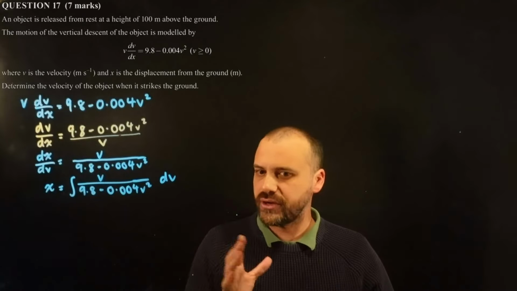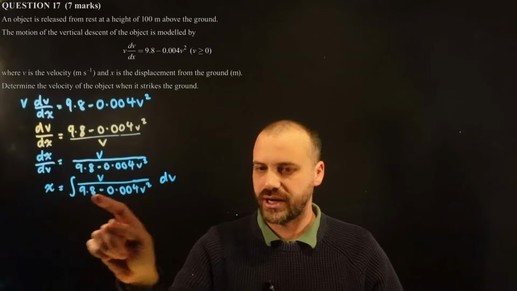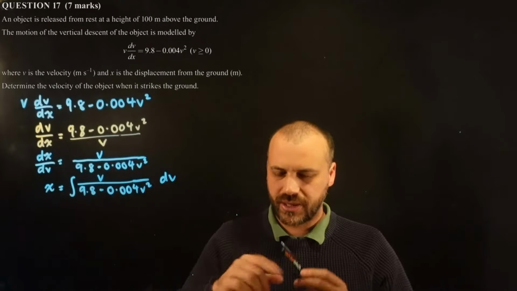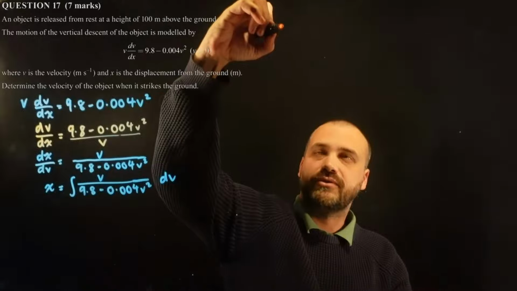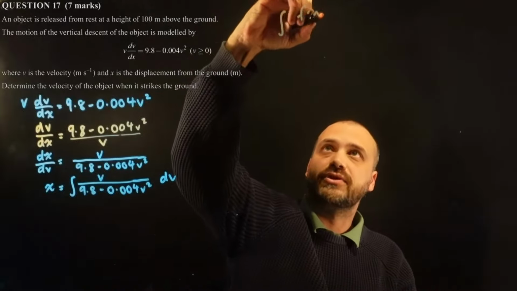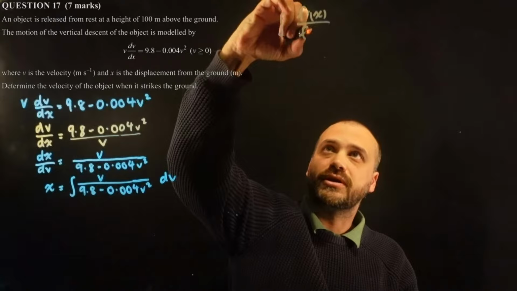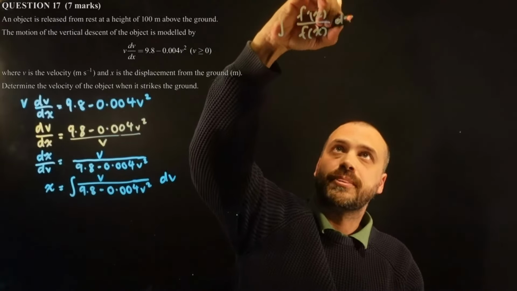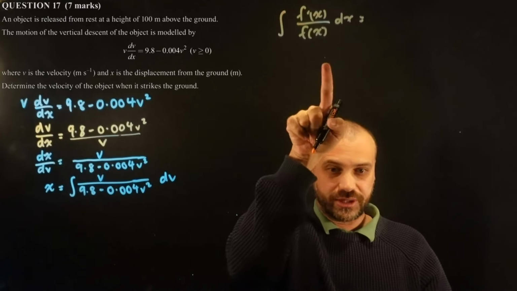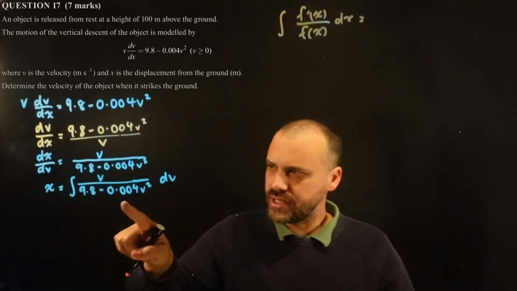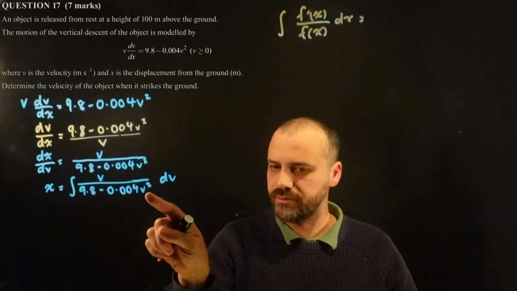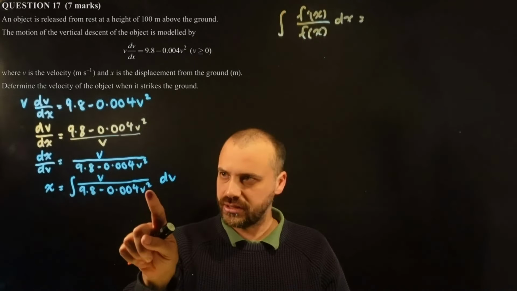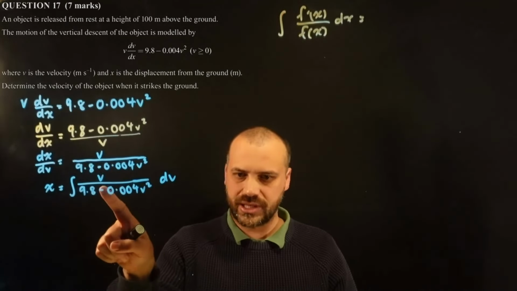Now it can feel very confusing about how to integrate this, but there is a nice little integral that you've got if you have an equation in the form f dash of x over f of x. And you can integrate this really nicely. Now this almost looks like this, right? We have a function on the bottom, which is a quadratic, and we have this function on the top, which is linear.